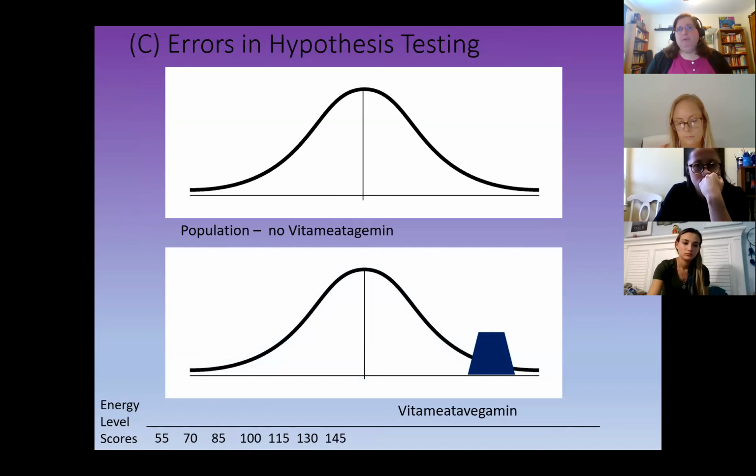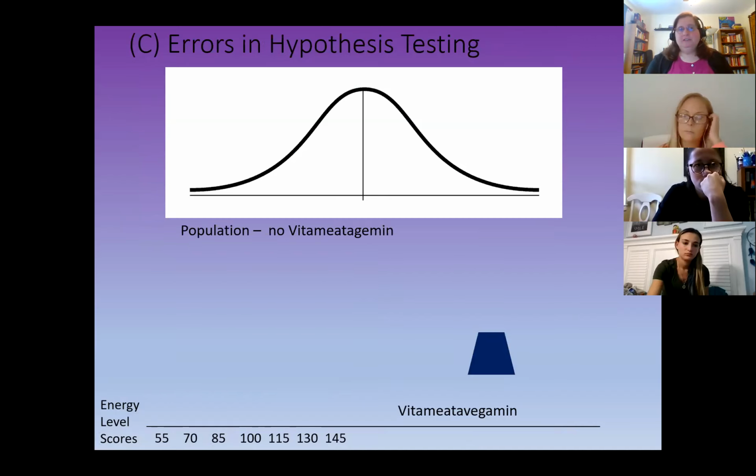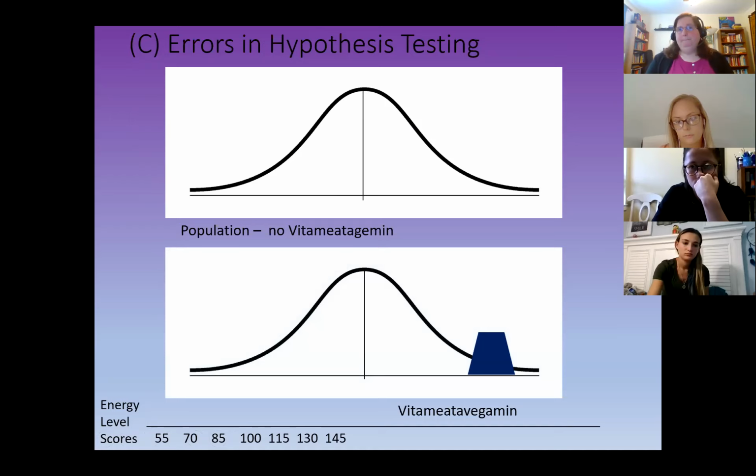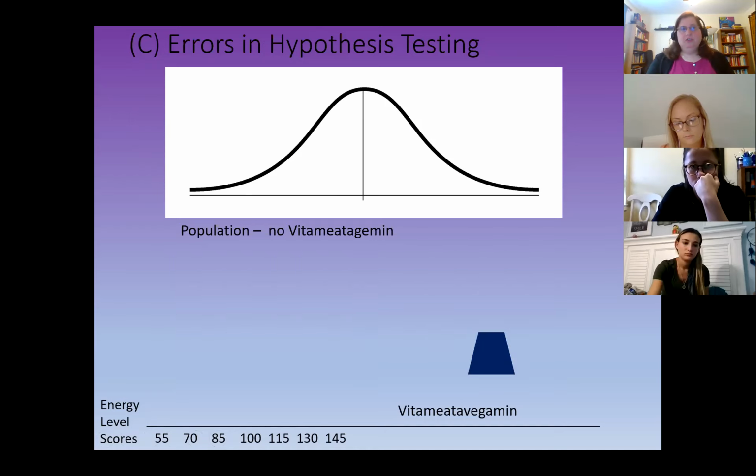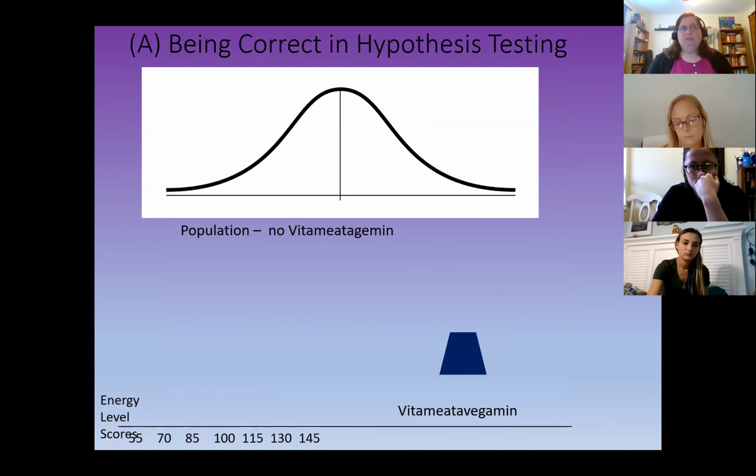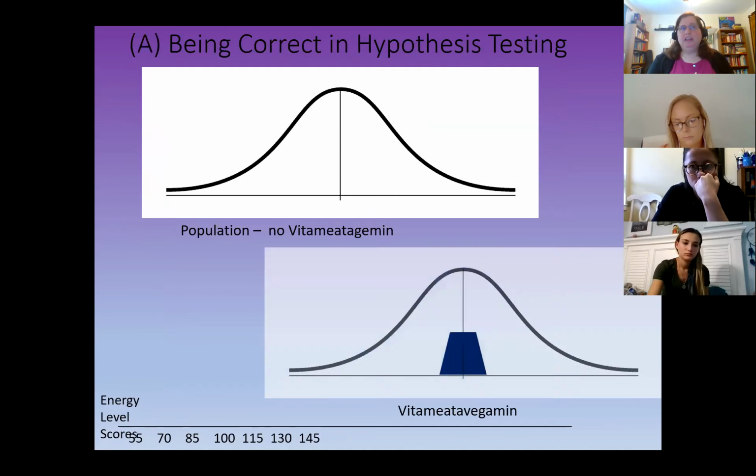I'll never know. All I see is this. I don't see this part. So it could look like this, or it could look like this. I don't know which one, and I won't know which one at the end of my study.